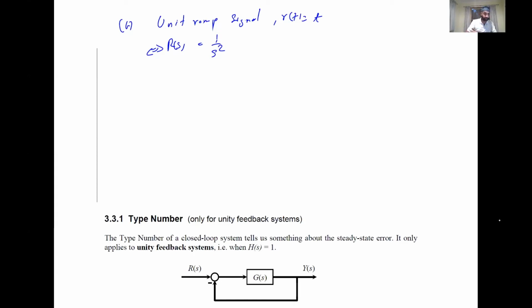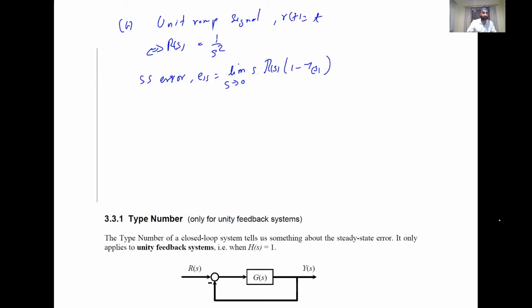In this case, you can see that steady state error e_ss is still going to be limit s tending towards 0, s times R(s) times 1 minus T(s).